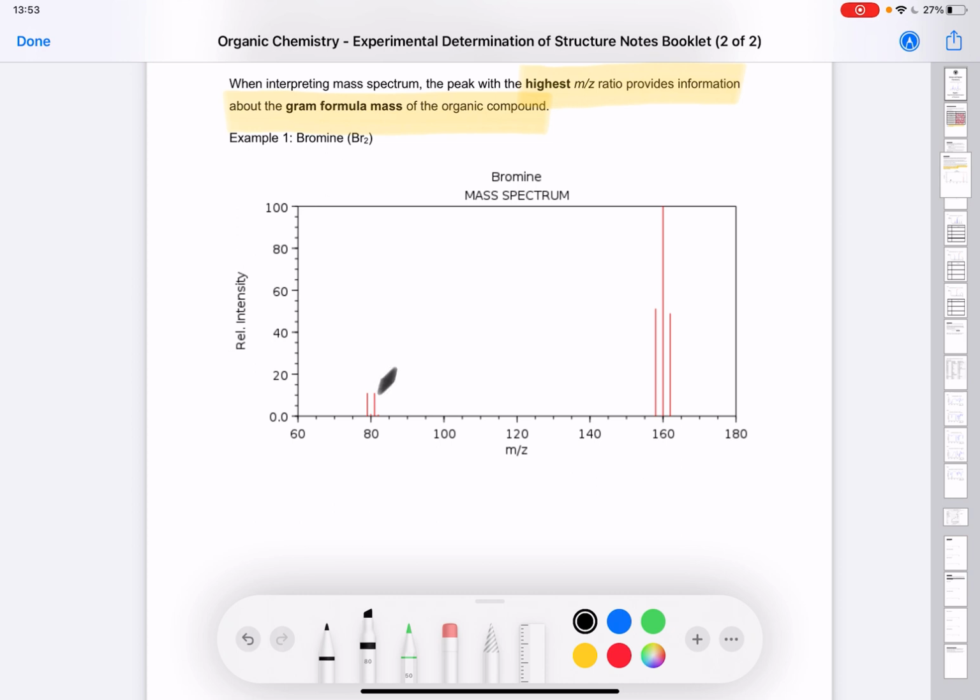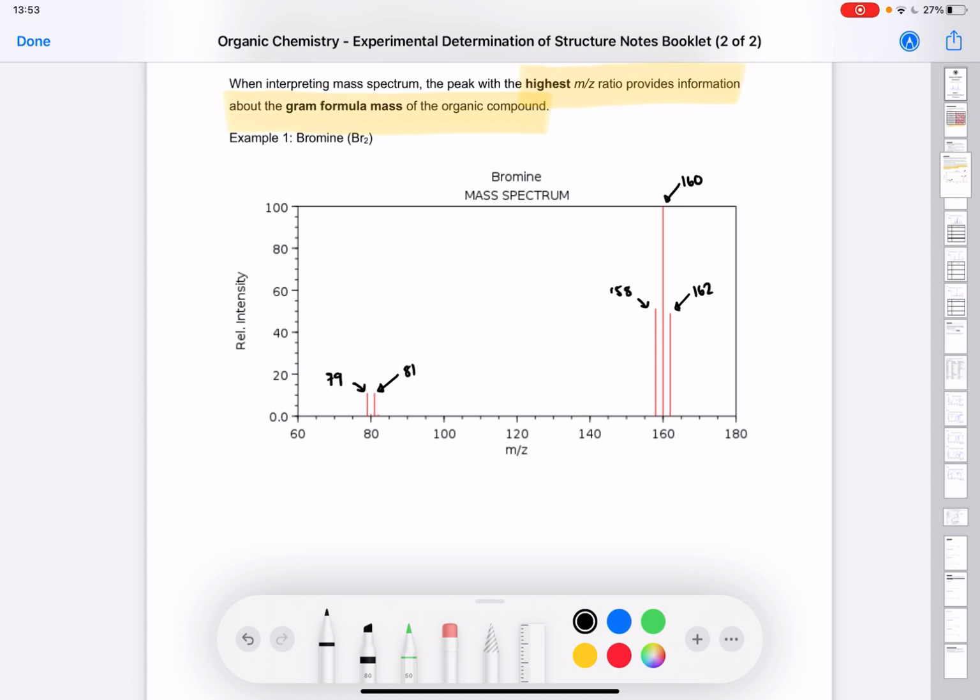We've got a peak here at 81, a peak here at 79. We also have a peak right on 160, this one here. We have a peak at about 162. And we have a peak at 158.